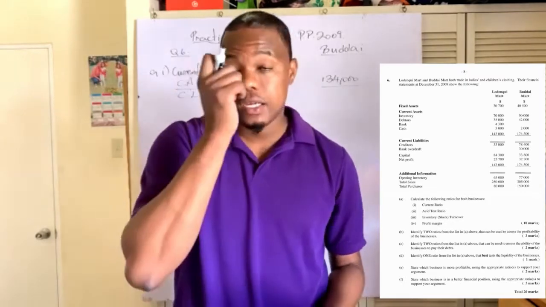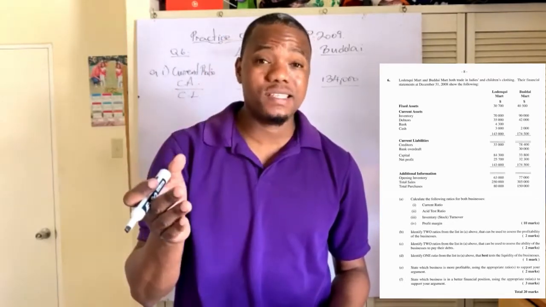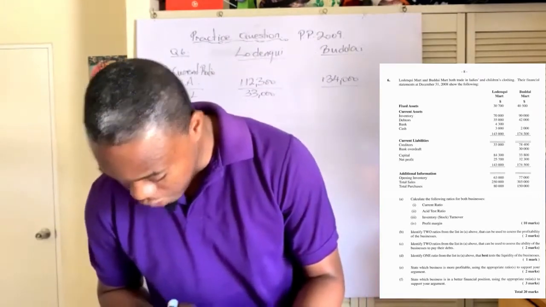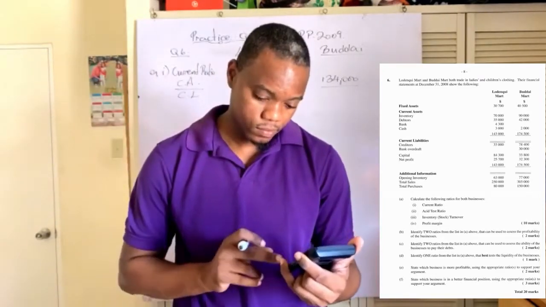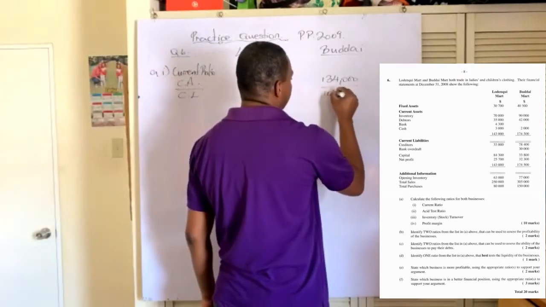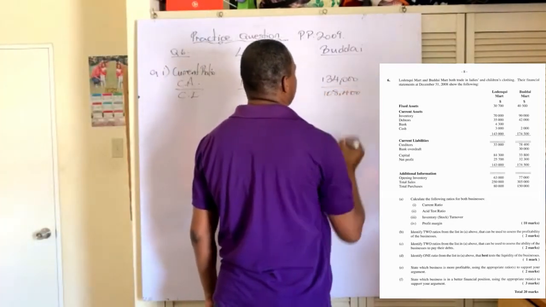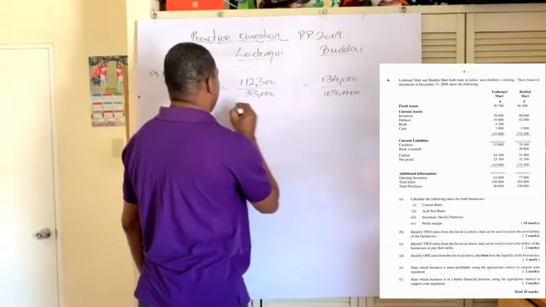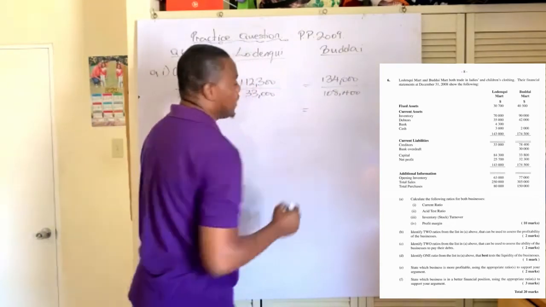In today's questions, you may not see creditors; you may see accounts payable. Remember that. And then you have the bank overdraft, which is 30,000, so it's 108,400. All right, so we got that. Now we use our calculator.